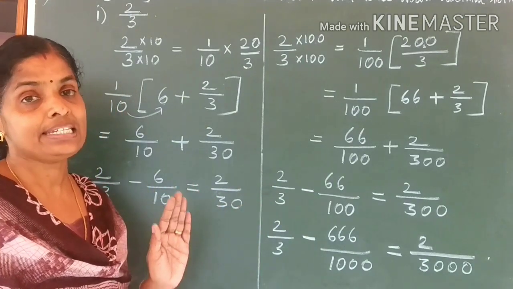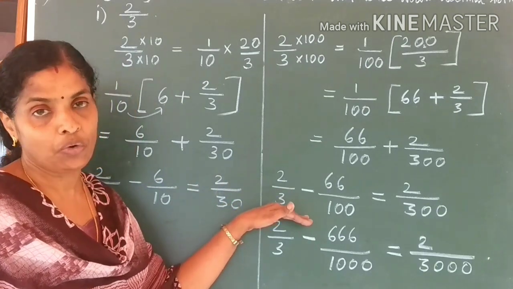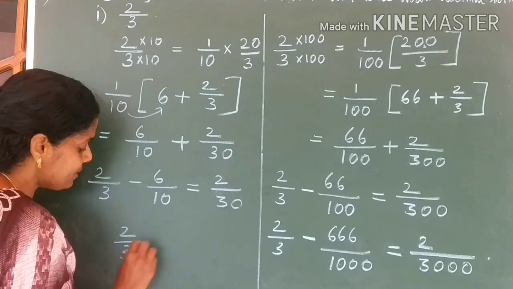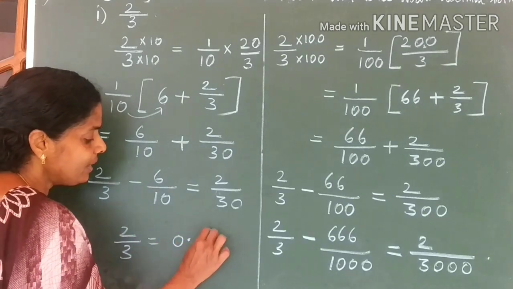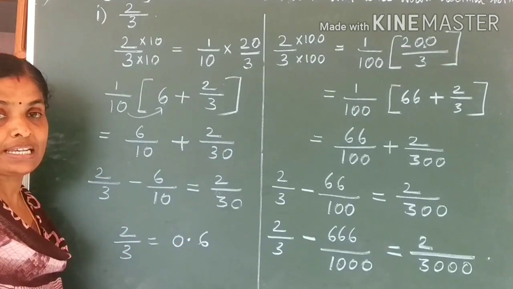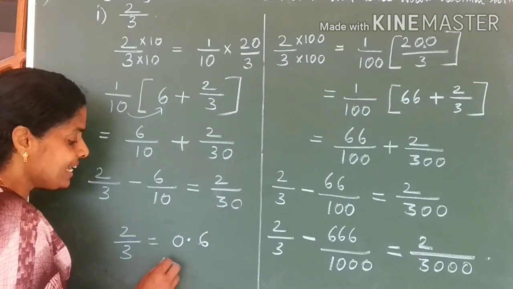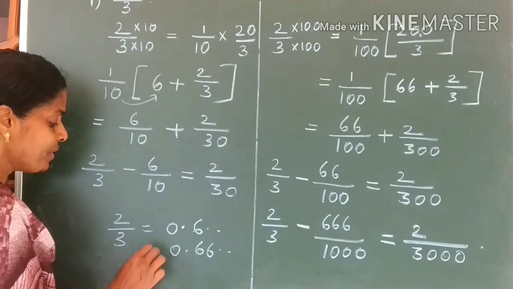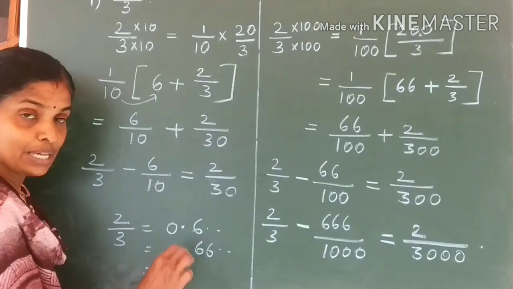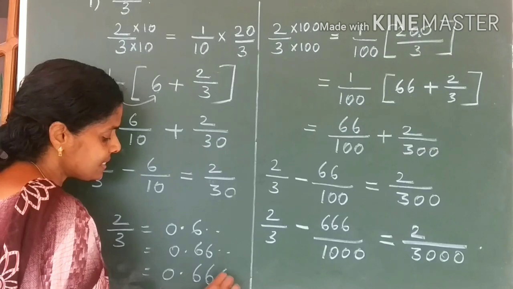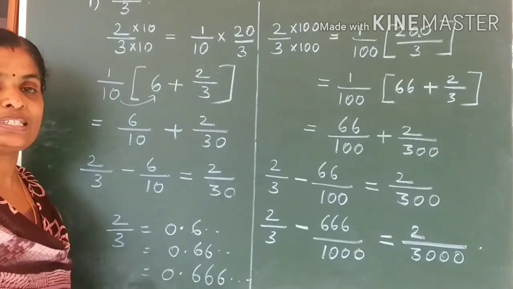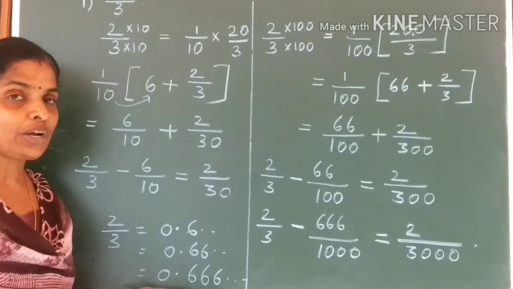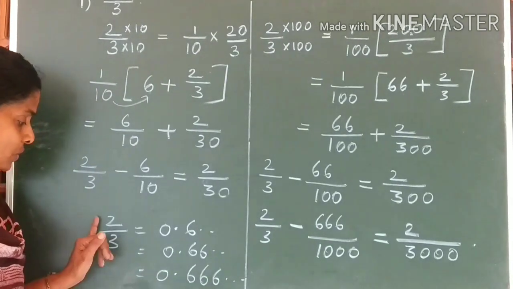So we can write the decimal form of 2 by 3 to be equal to either 0.6 or 0.66 etc. or you can write it as 0.666 etc. This is how we write the decimal form, which is getting closer and closer to 2 by 3.